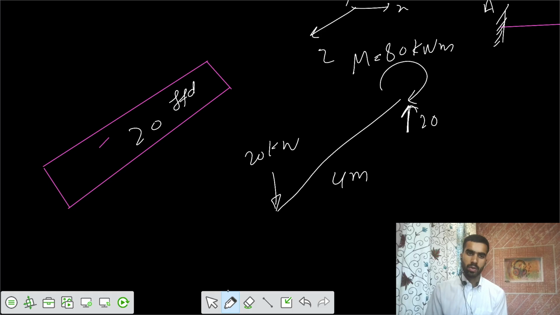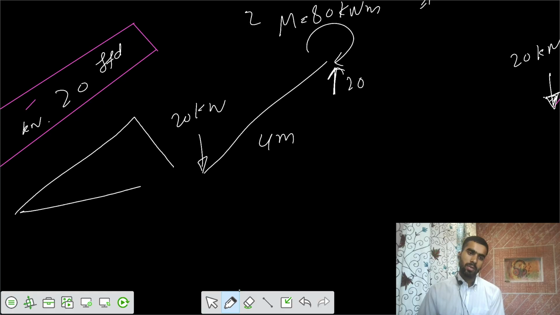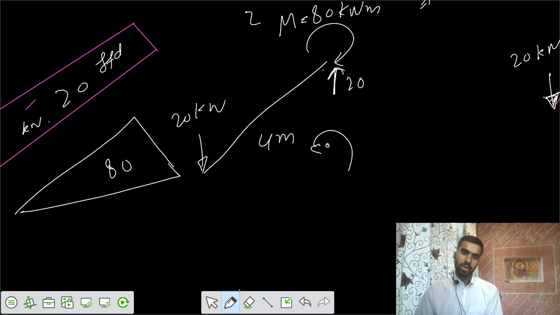Now if you want to take the BMD value, this is your BMD, some BMD of 80. If you are looking from this side, there is a clockwise moment developed, so I would say this is positive, sagging.